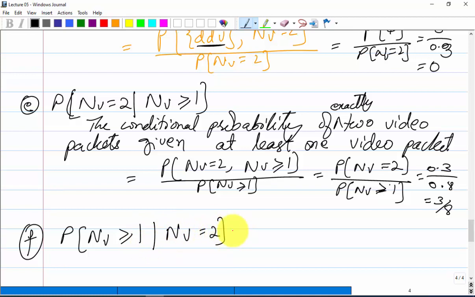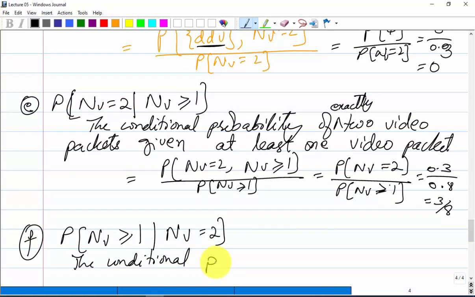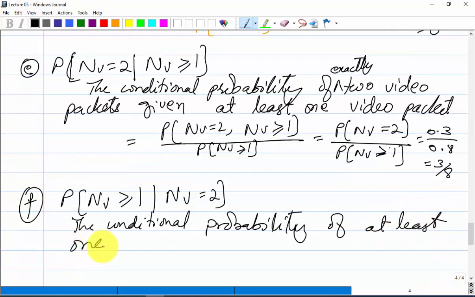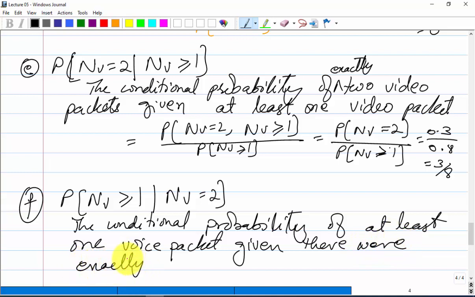In description form we will write it as the conditional probability of at least one video packet given there were exactly two video packets.